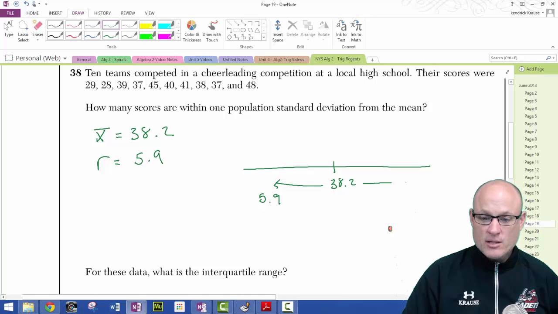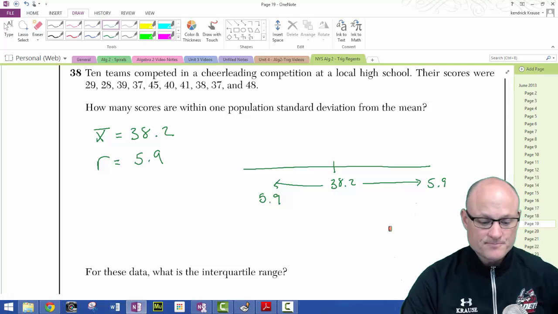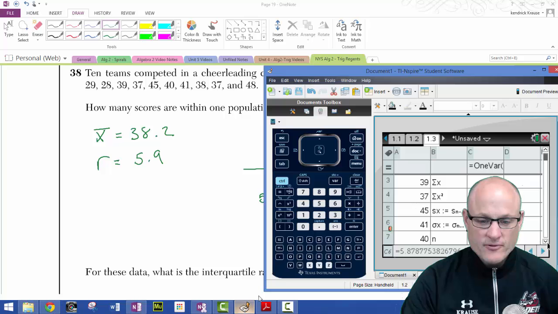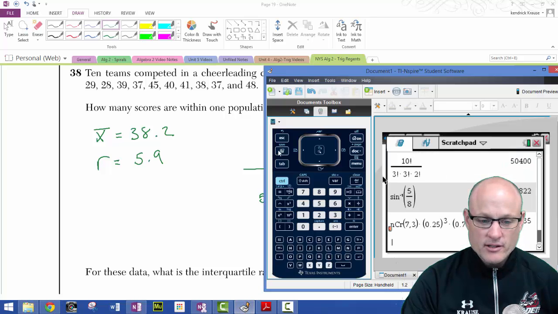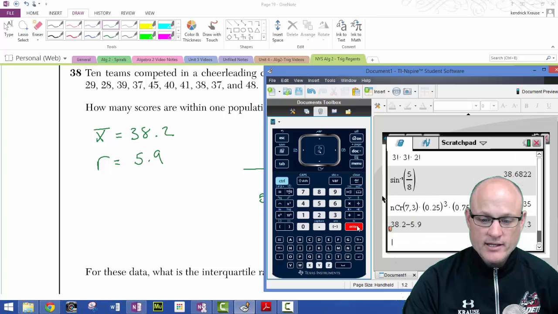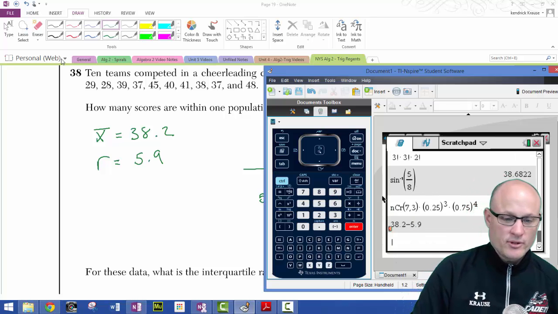And I want to go up 5.9. So I'll take my calculator and figure out what is 38.2 minus 5.9, and I get 32.3.